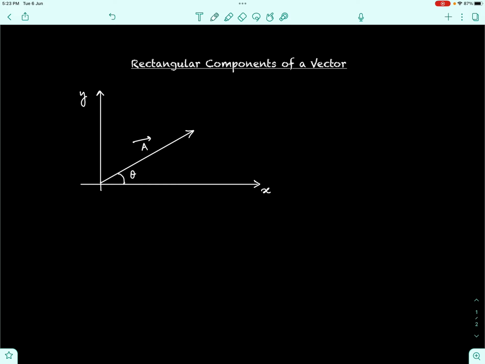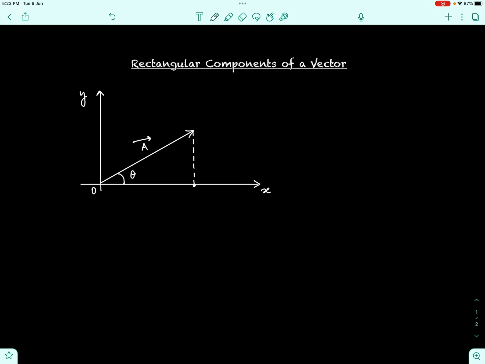Now, finding out the components of a vector about any other direction is a simple process. For example, here in this figure, if we try to find the component of vector A along the x axis, what we need to do is, from the tip of the vector, as the tail of vector A is coinciding with the origin, the point x is equal to 0, we drop a perpendicular which intersects the x axis at a certain point.